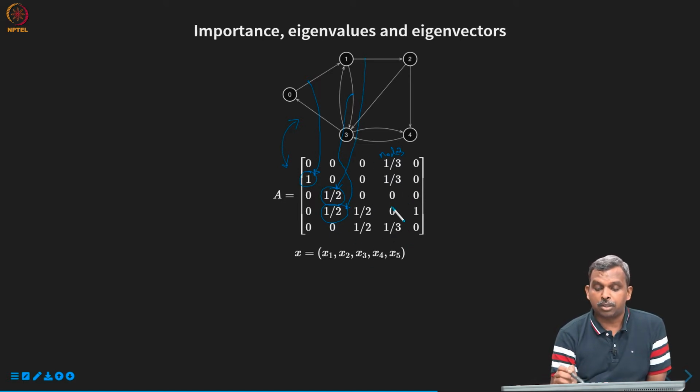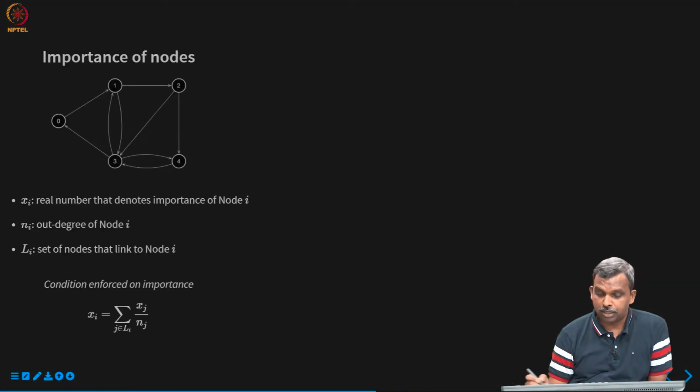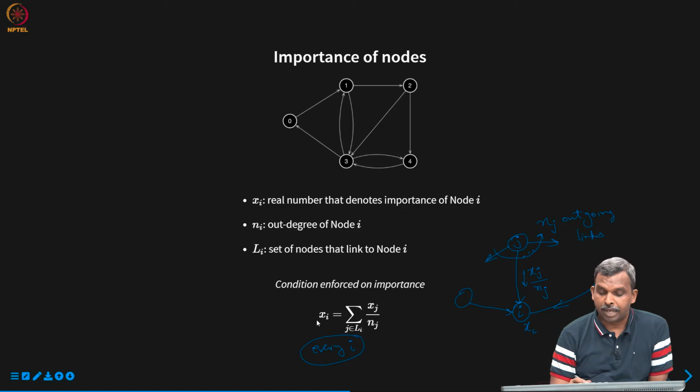Now what's interesting about this matrix is this condition that we had before. You saw this condition that we had, xi equals the sum of all these contributions.